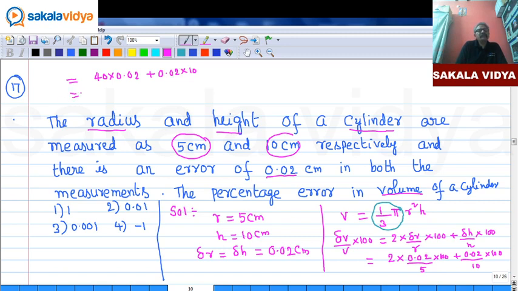So now this will be 0.8 plus this will be 0.2. Put the points: here 0.8, here 0.2. 0.8 plus 0.2, that will be 1. So 1%. So that means the first option is the right option.